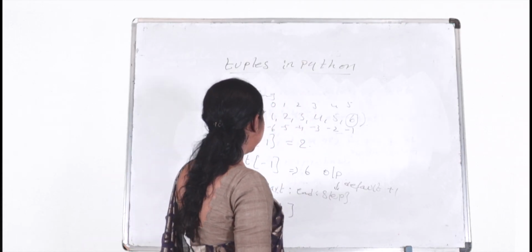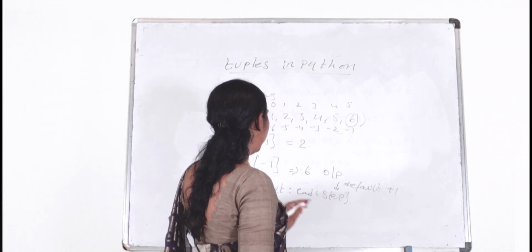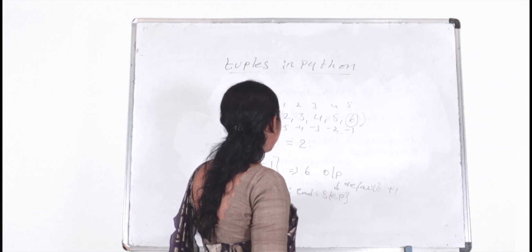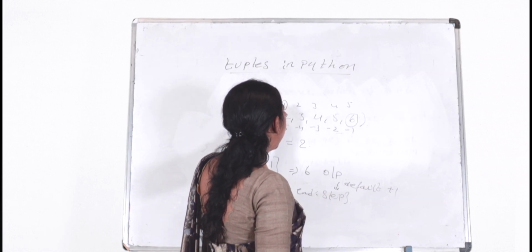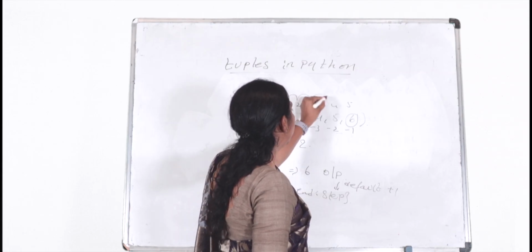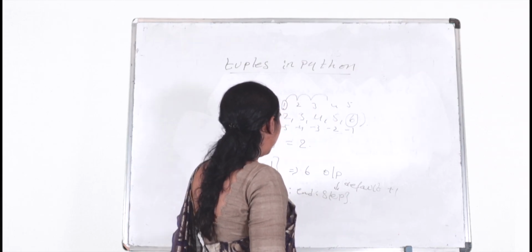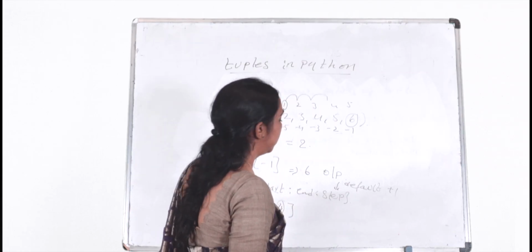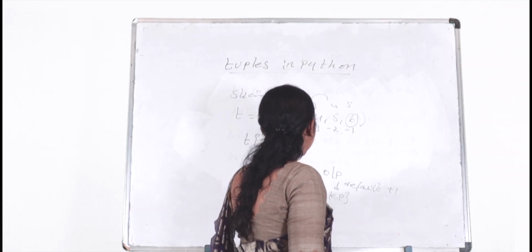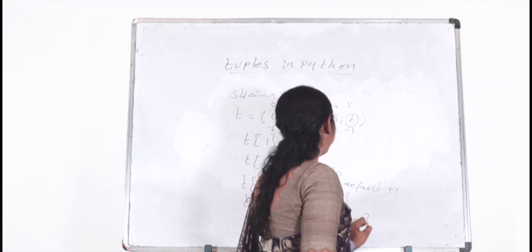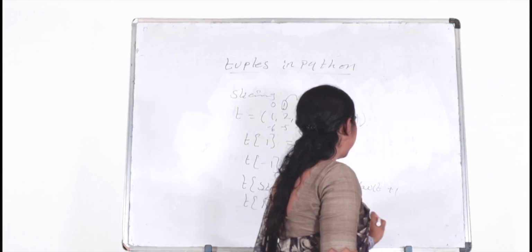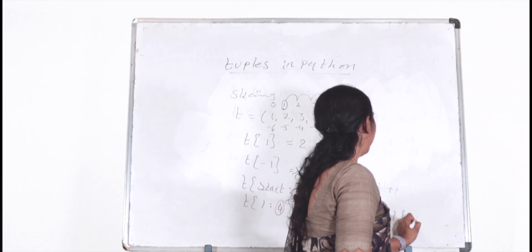So if we see t of 1 colon 4, what elements will print? The index starts at 1 and goes up to 3, but it won't include the ending index. So t of 1 colon 4 means t of 1 colon 4 minus 1, that implies t of 1 colon 3.